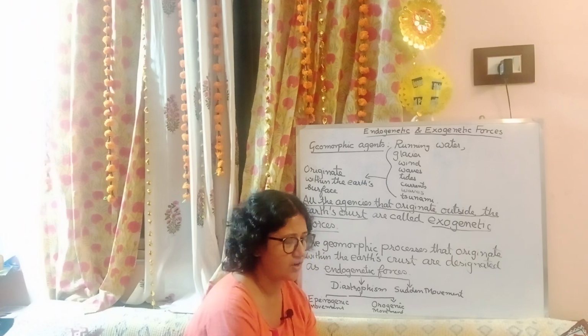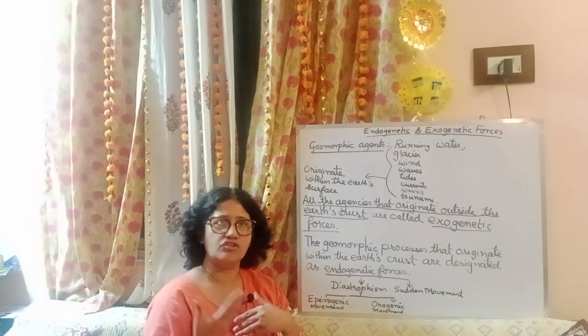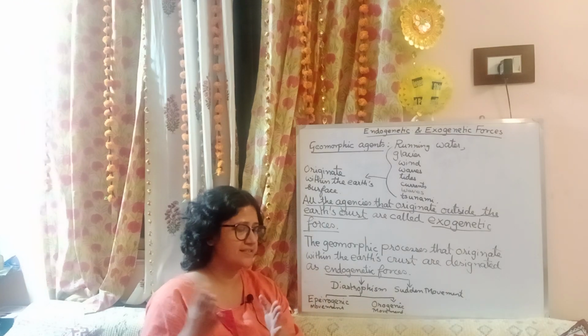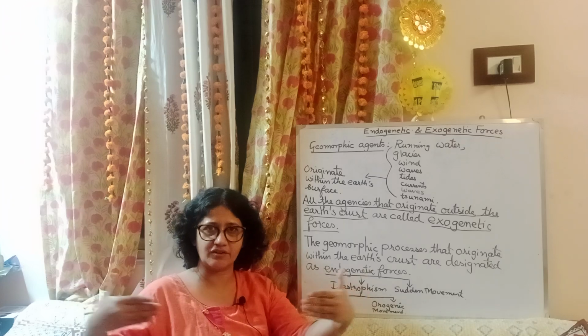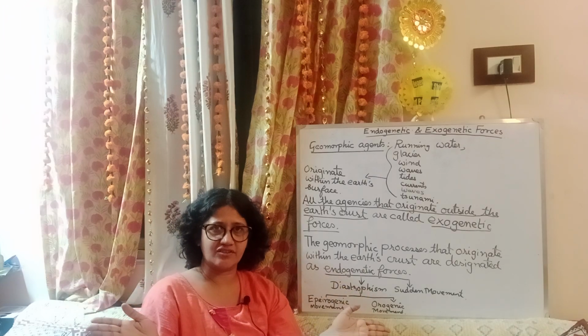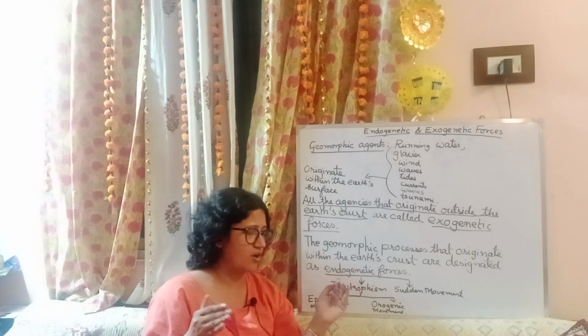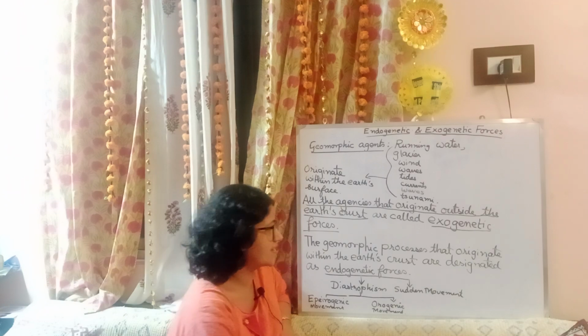So this is called the orogenic movement. It can also be known as compressional force, or forces acting as a divergence. Compressional means moving towards each other, and divergent means moving away from each other. This causes the orogenic movement.